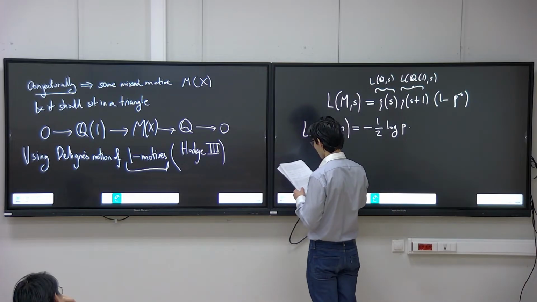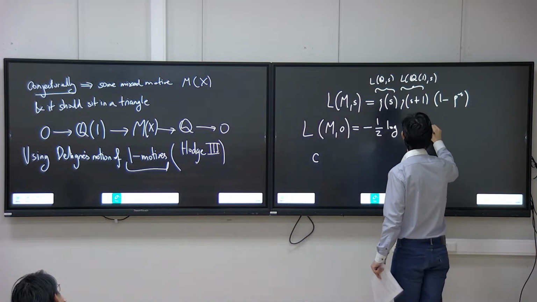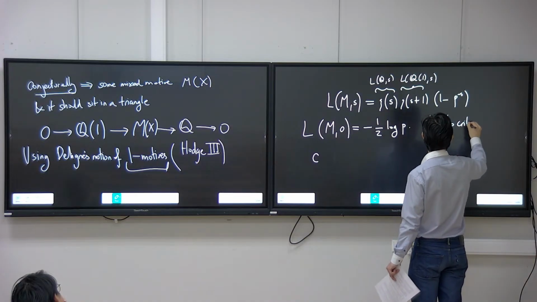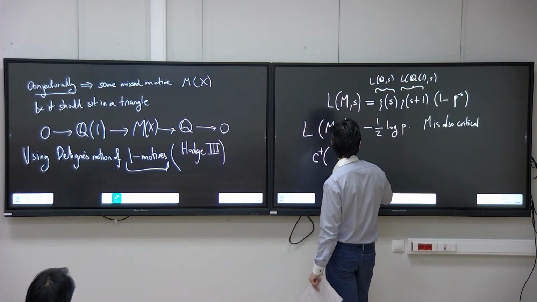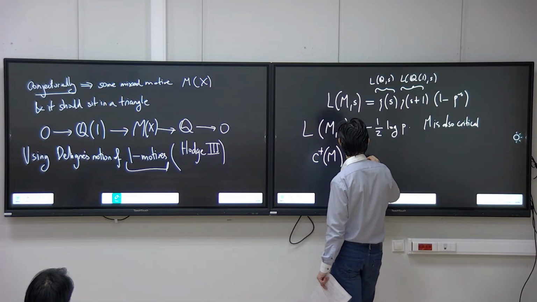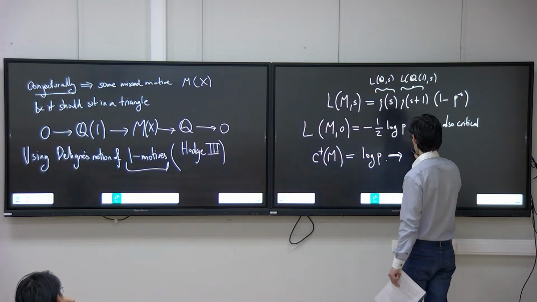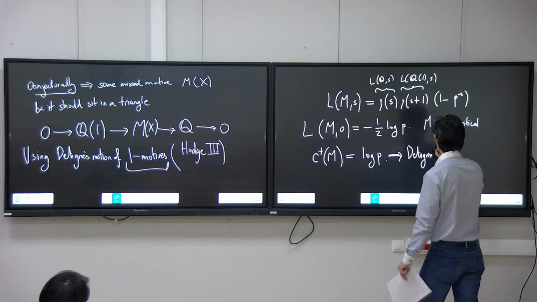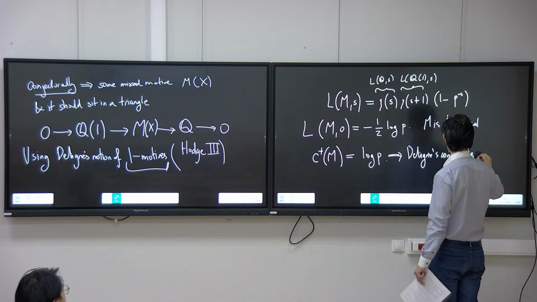And M is critical also, and the determinant of the I infinity isomorphism is equal to just log of p. So as a result, in this case, Deligne's conjecture holds true because a half is rational. It holds in this mixed setting.